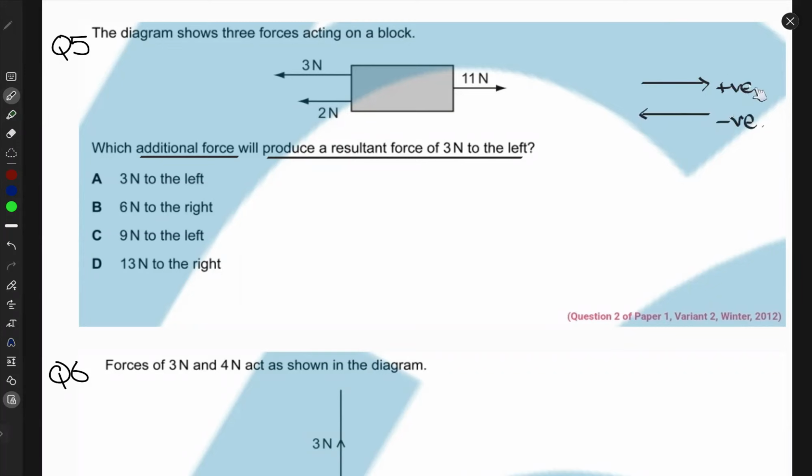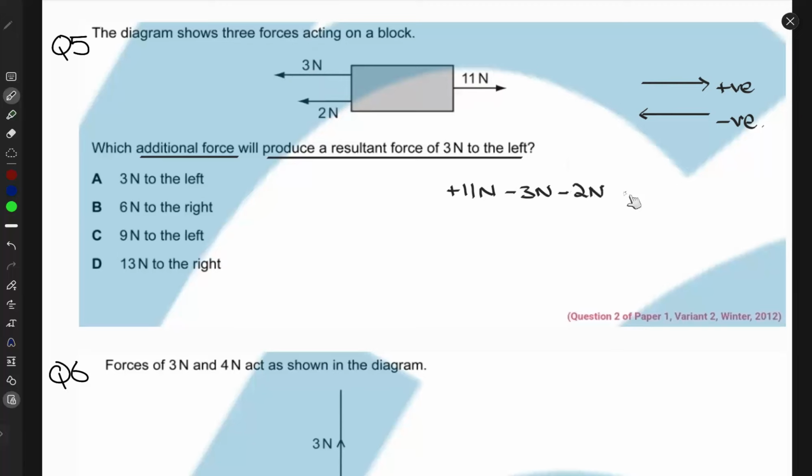Once I choose this, then I can easily solve this problem, because this would mean then 11 to the right is just plus 11. And then 3 to the left is minus, I'll just add these units as well, right? Plus 11 newtons minus 3 newtons, because you see this is to the left, and then this is also to the left, so minus 2 newtons.